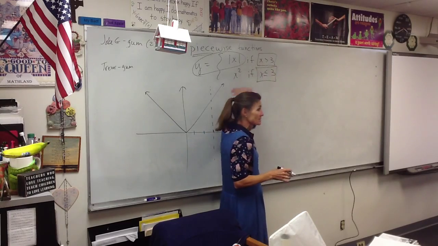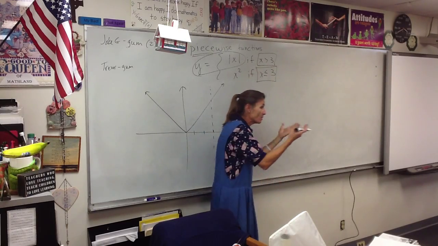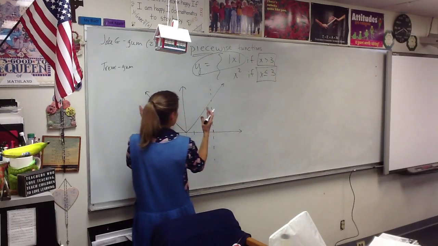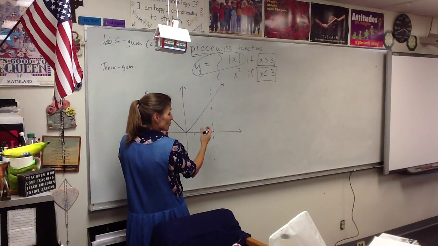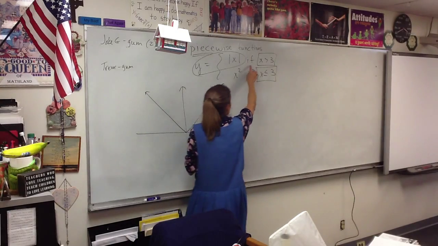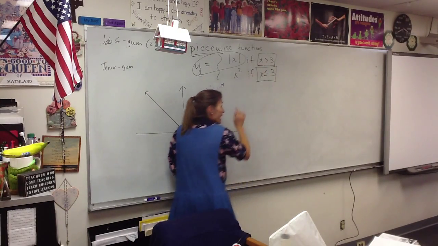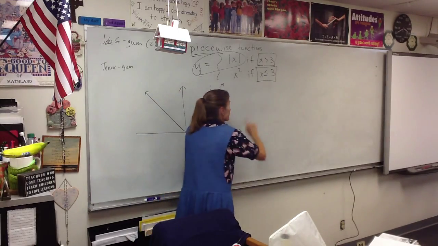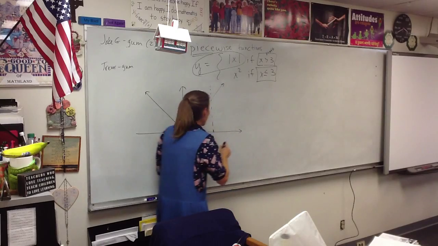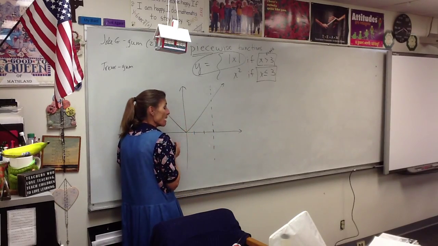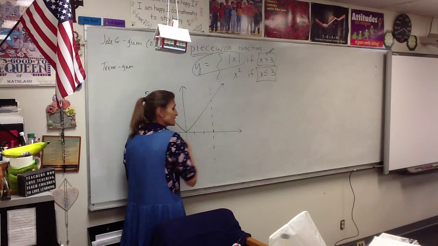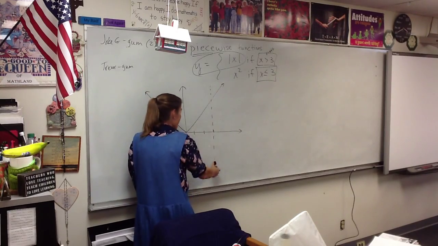I have one piece bigger than 3 and one piece less than 3. So I'm going to look at this absolute value picture, and I am only going to keep the piece that is where x is bigger than 3. That's right. This means go to the right. So I want the piece of the absolute value that is to the right of this line. And this is the line at 3.